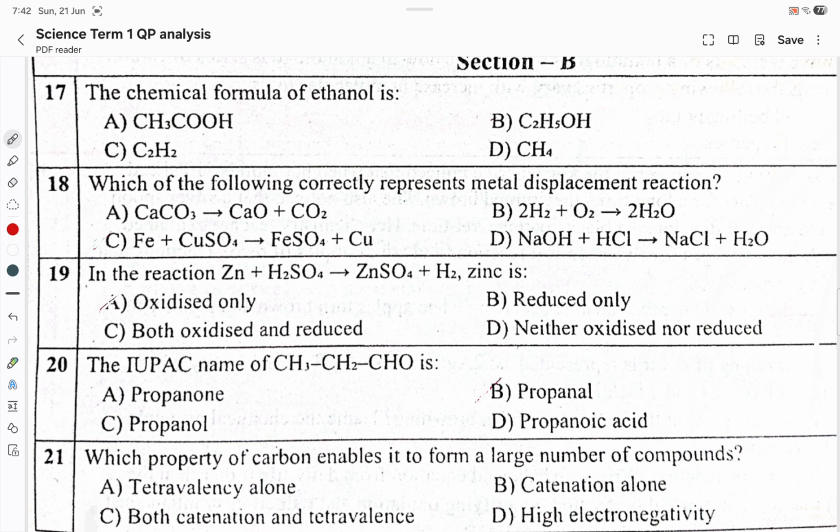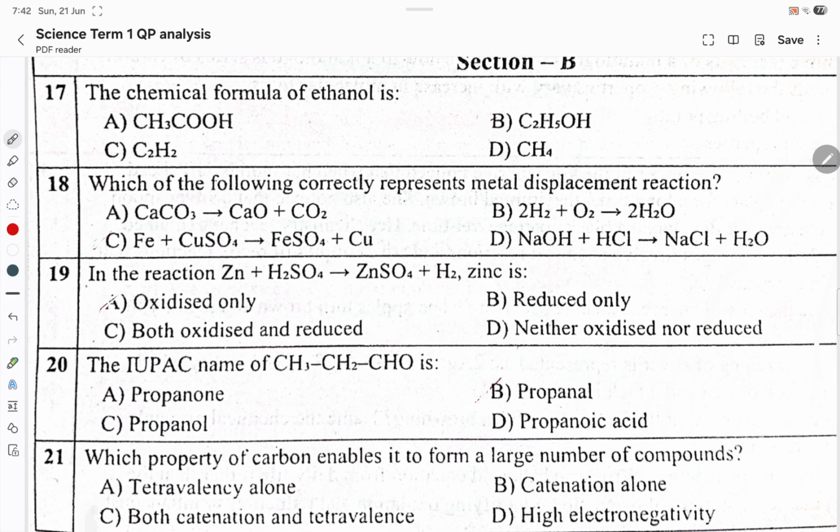So in this series, we are going to discuss board-based questions for every chapter for grade 10 physics and chemistry. Today we'll discuss a few questions from physics and chemistry. Now let's see. Here is the first question.